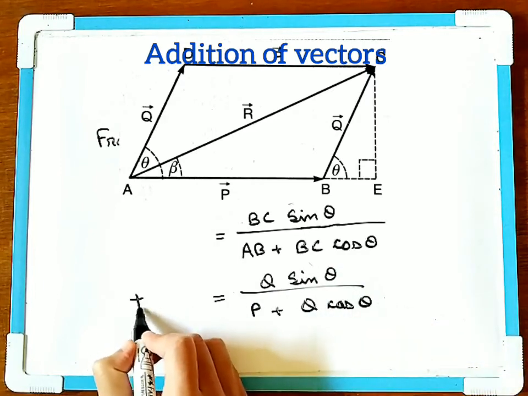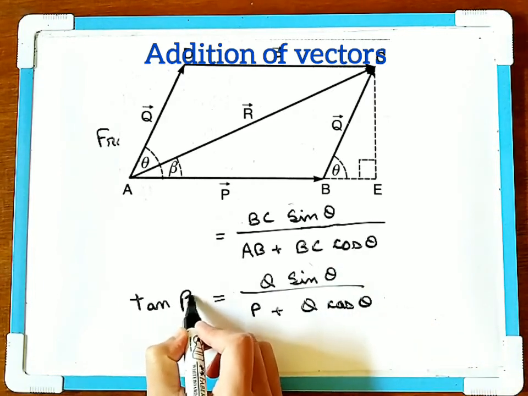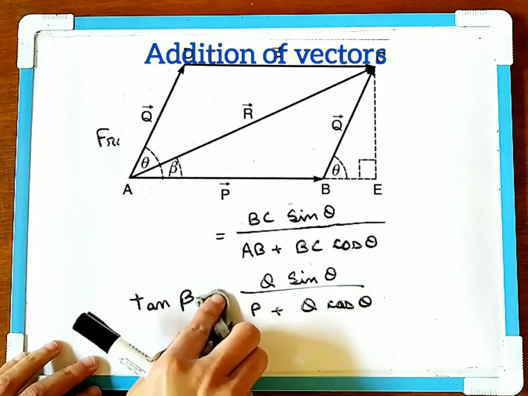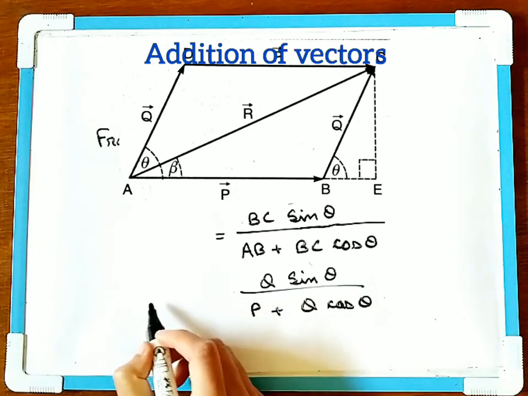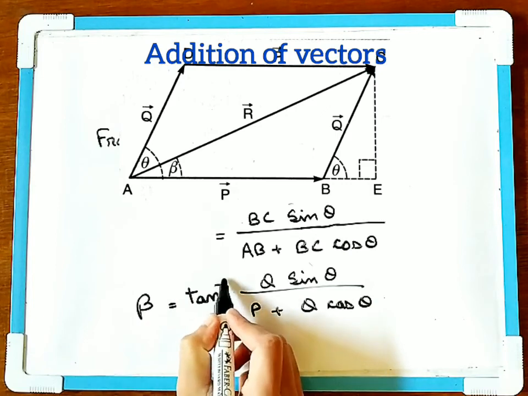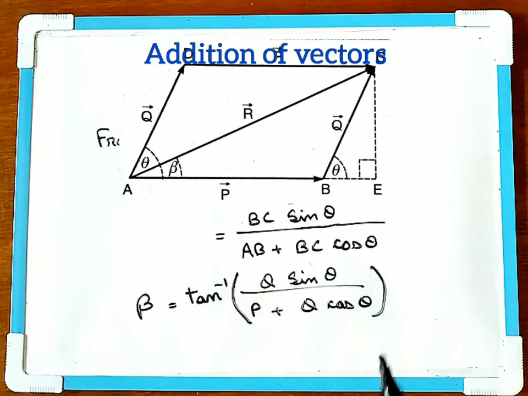So that will be your tan beta. Hence the angle beta will be given as tan inverse of this quantity, so that this beta will give us the direction of the resultant vector R. So there we have found the magnitude and the direction of the resultant.